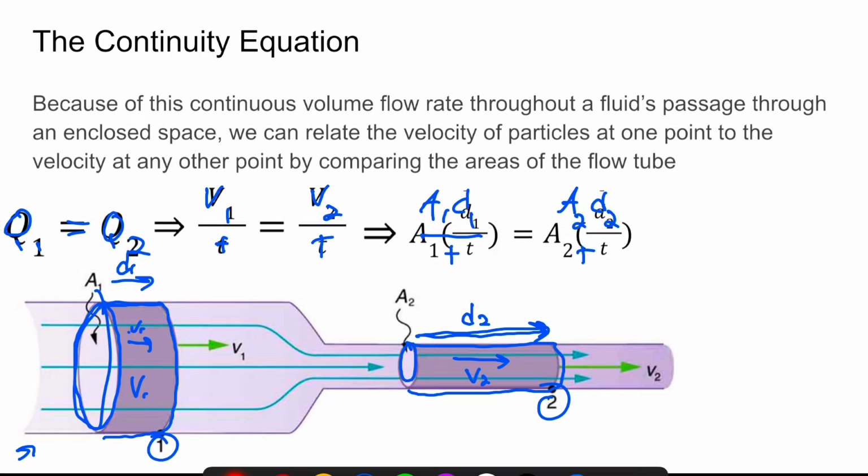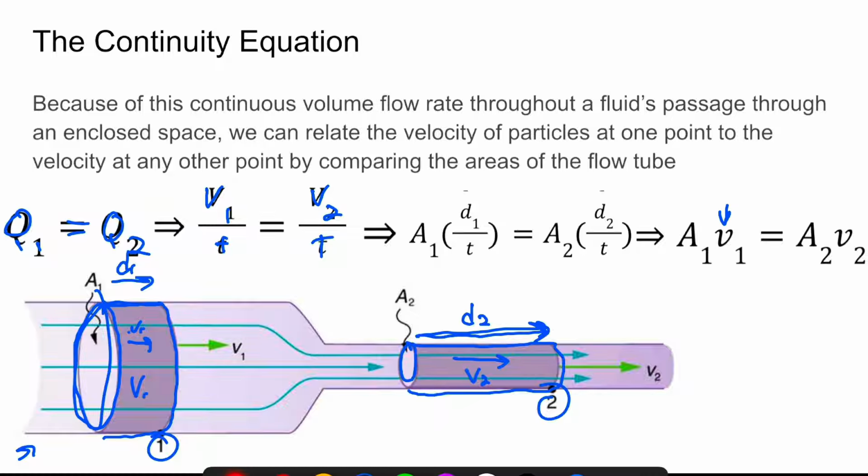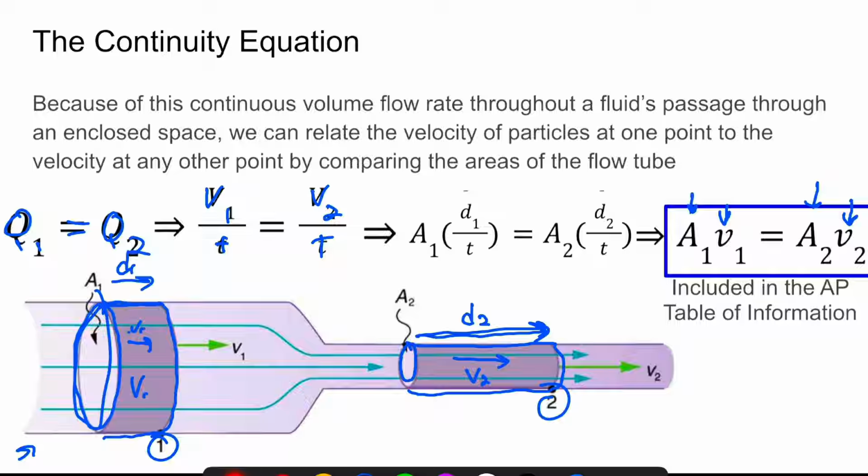And of course, we can separate out our distances over time from our areas. And as we know, distance over time is the same as velocity. So the velocity of those individual particles at point one times the cross-sectional area of tube one will equal the velocity of those particles in tube two times the cross-sectional area of tube two.